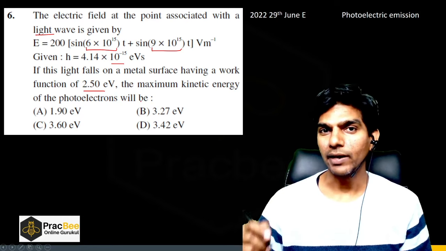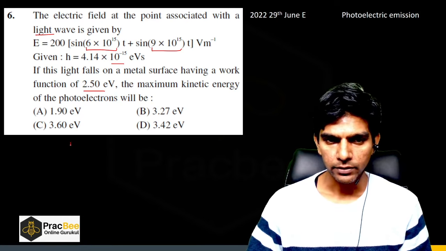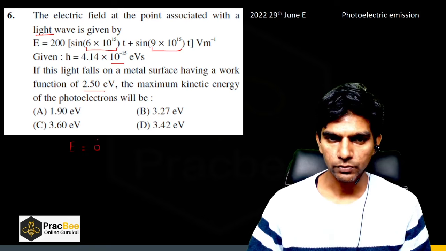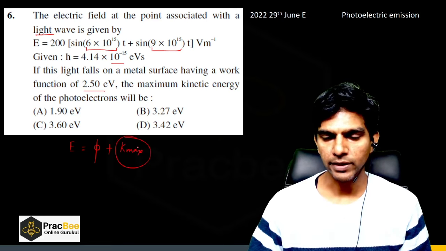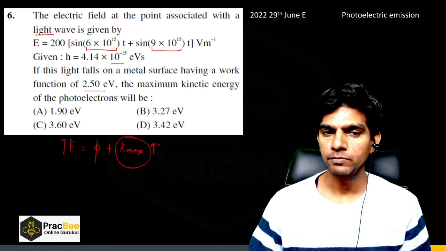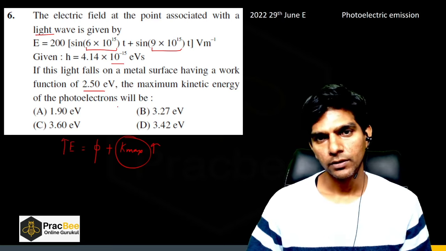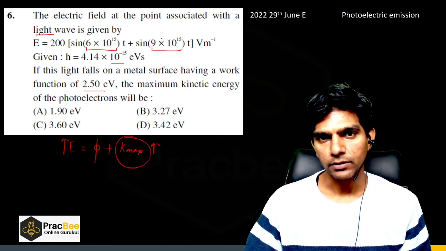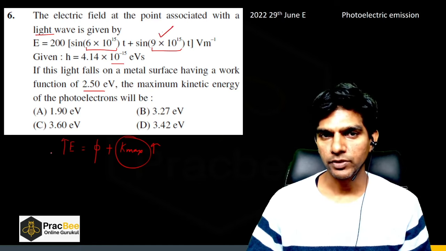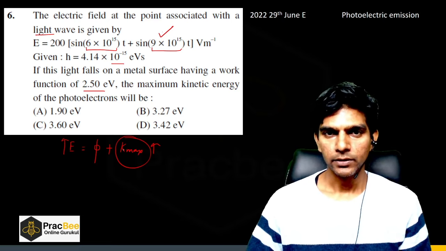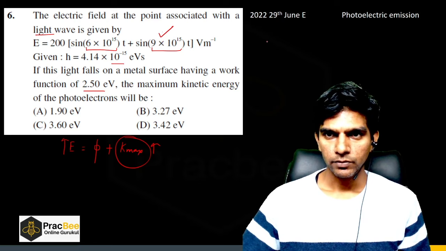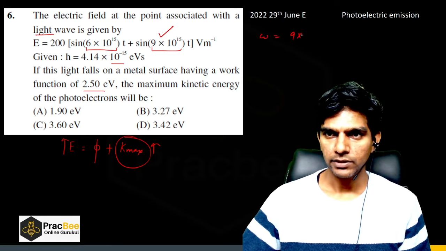Right, so we want to find the maximum kinetic energy, and we know that the energy of the photon is equal to the sum of the work function and the maximum kinetic energy. So if I want to maximize kinetic energy, we have to maximize the energy, and we can maximize energy by increasing the frequency. So we have to take the frequency 9 into 10 raised to 15 to have the maximum value of the kinetic energy.